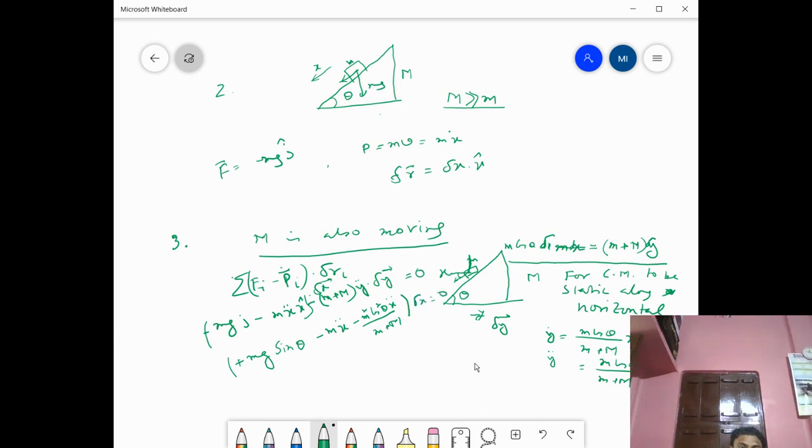Now you find one m will go and one m will go, so x double dot will be equal to g sine theta by 1 plus m cos square theta by m plus m. So this I have done, right?